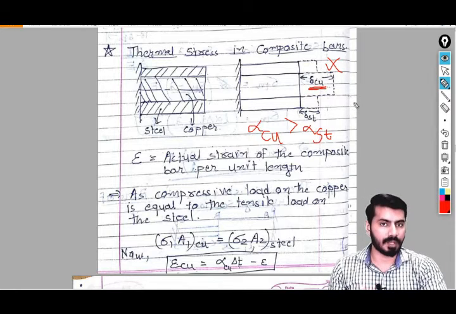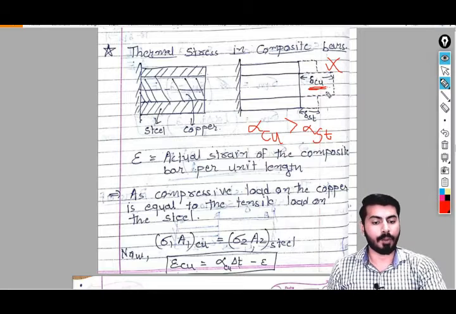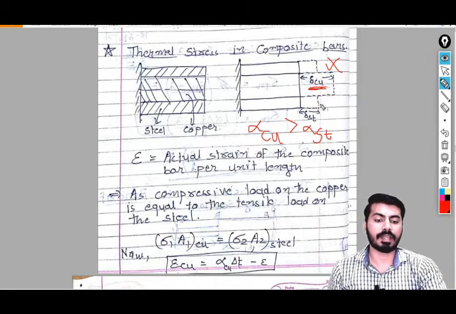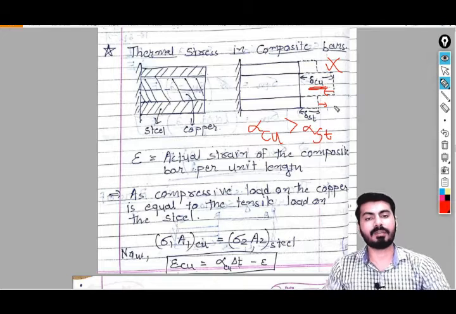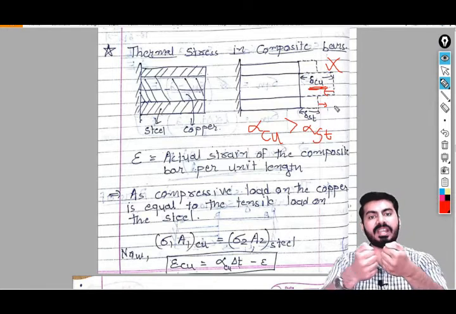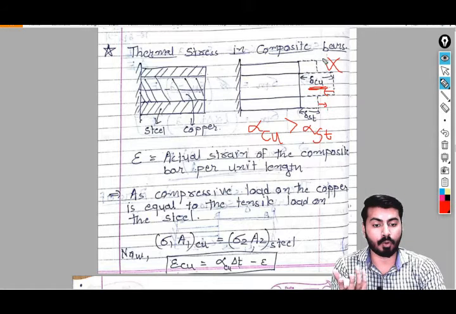So what will happen? The copper is trying to expand more as compared to steel, so copper will pull the steel in this direction, and steel will pull the copper in this direction. Both the materials will try to pull and push each other so that they can expand at a compromised level.